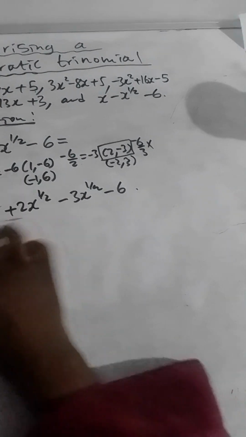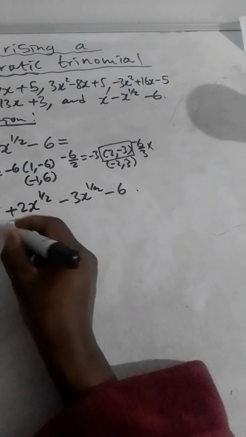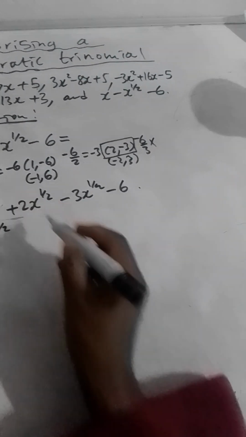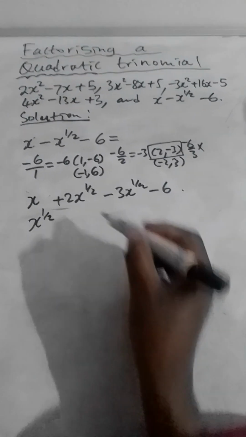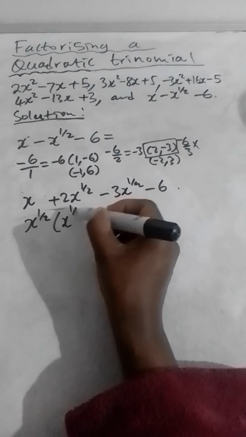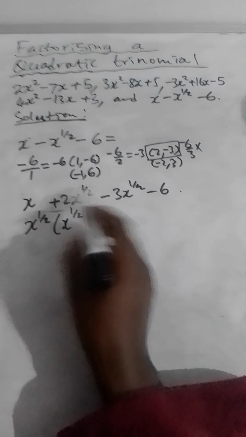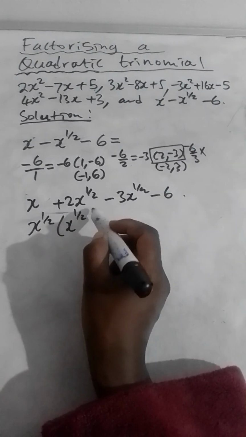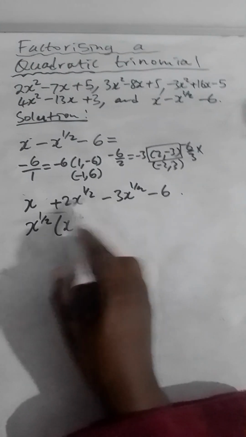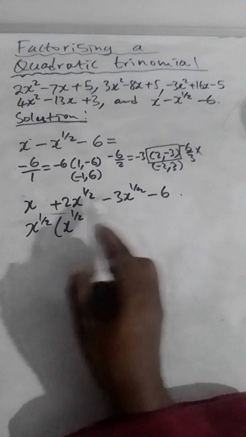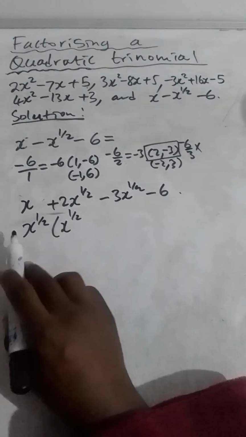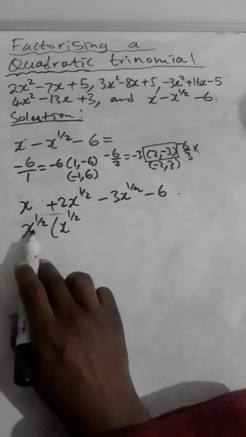And if we check here, we can take out x to the half. Remember, 1 is half plus half. Okay, so we're going to have x. If we take out x to the half as a common factor on these 2, remember you can't pair the ones made from the factors that you got in step 1. If we do this, we're going to have what?